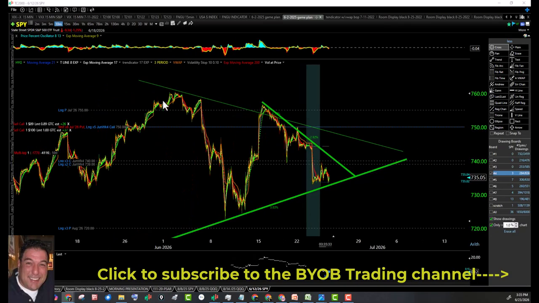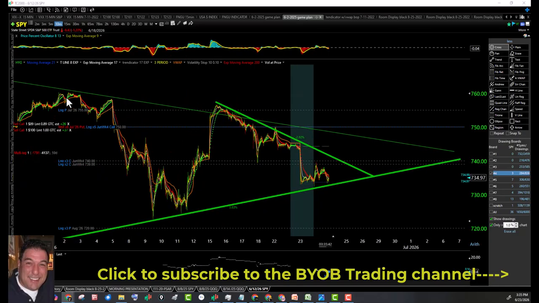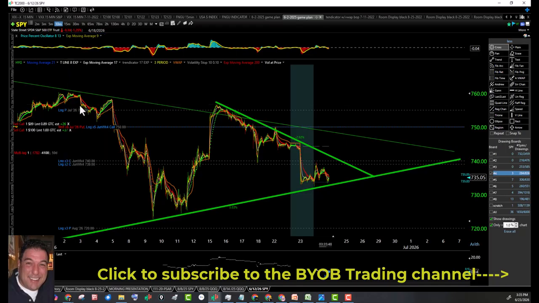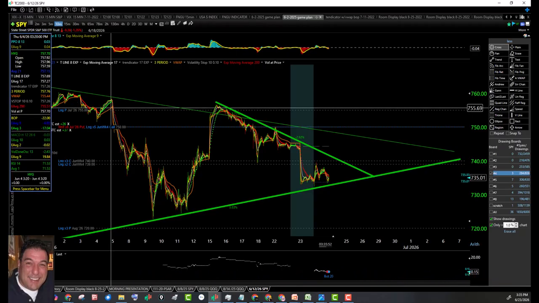You can see here's the other downtrend line. All you do for that downtrend line is string a straight line right across the high here on the 2nd of June, and the next point is the high here on the 4th of June.